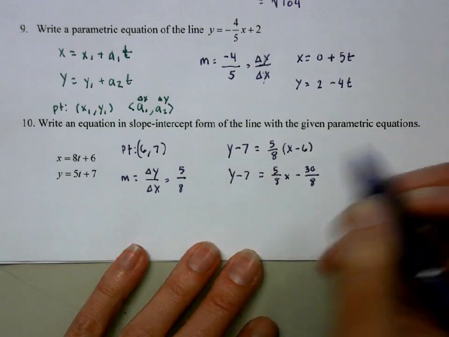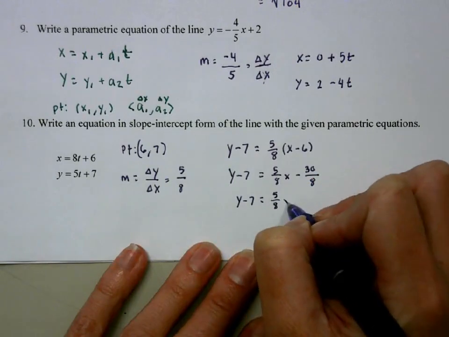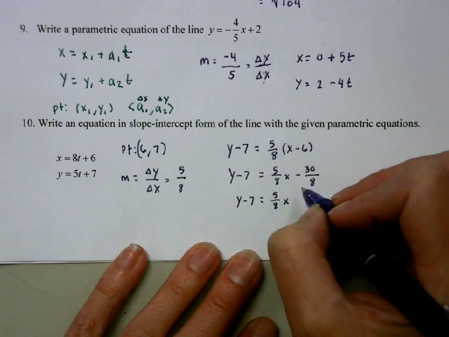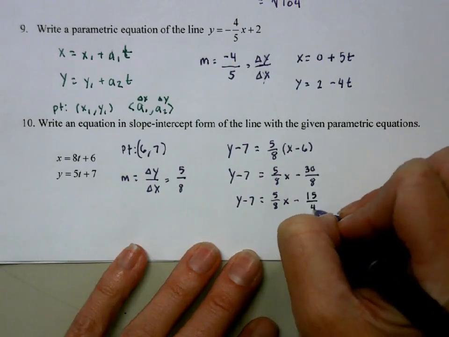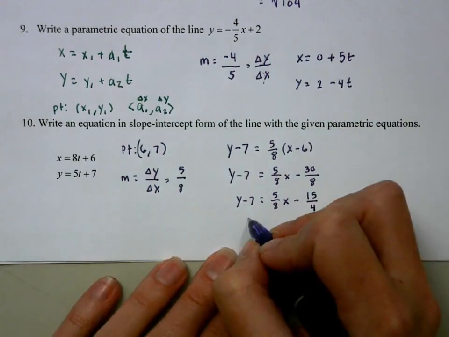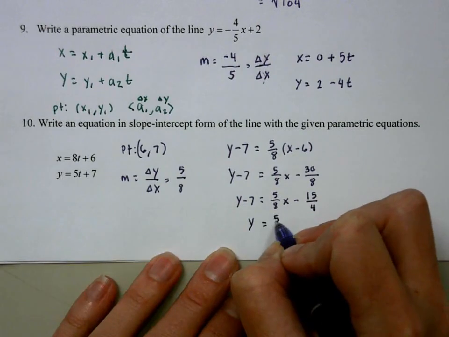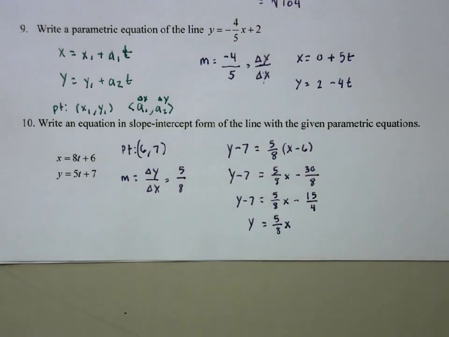So 15/4. And then I'm going to add 7, which would be 28/4. So 28 minus 15 would give me 13/4.